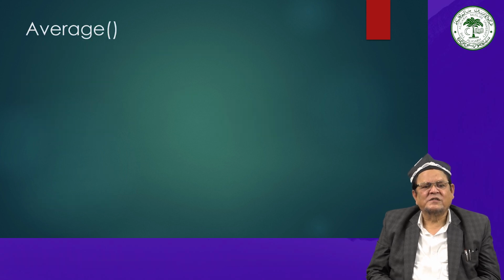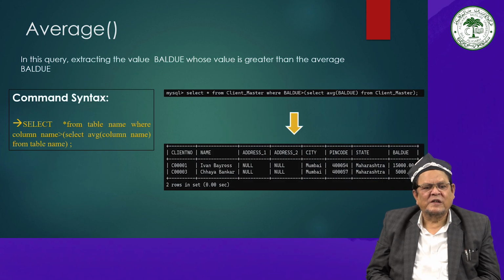The next is average with a condition. Also we can use a condition in a query, extracting the value of balance whose value is greater than the average value.